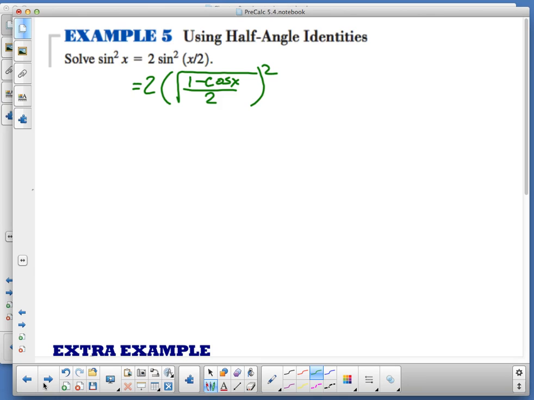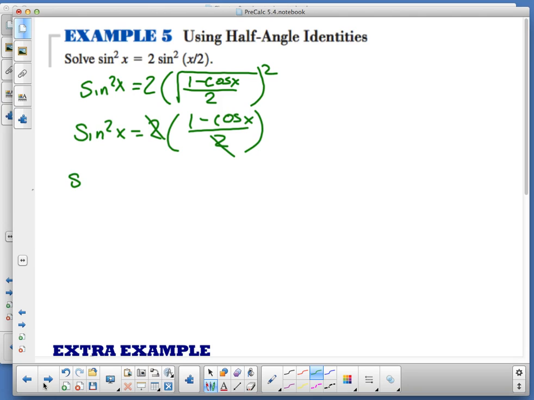All right, so now this is sine squared x, is equal to, and I'm going to do this kind of slow, 1 minus cosine x over 2. That plus or minus went away with the squaring. And now this cancels each other out, so I've got sine squared x as I'm stepping through. Oh, let's make that change.